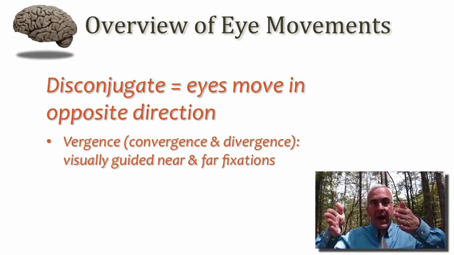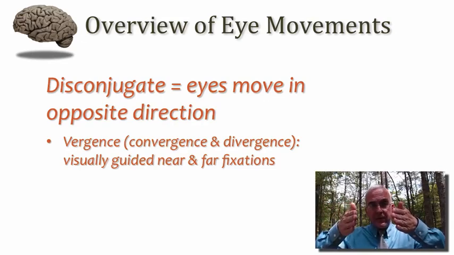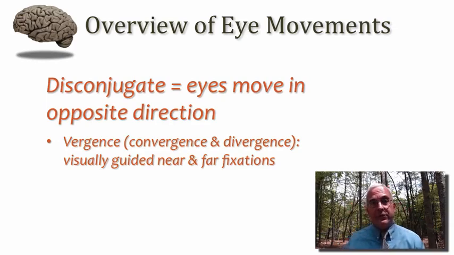The right eye has to also move in the adduction direction, but for that eye, it's a movement to the left. So the two eyes are actually rotating in different directions, but to serve a common functional goal. Okay, in this case, changing the line of fixation from a distant target to a near target.